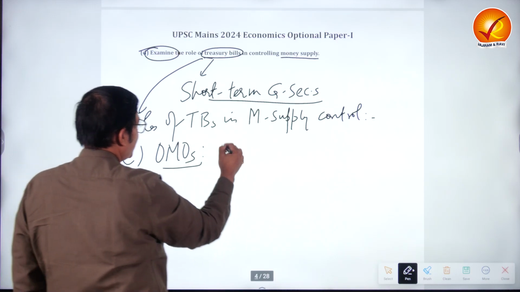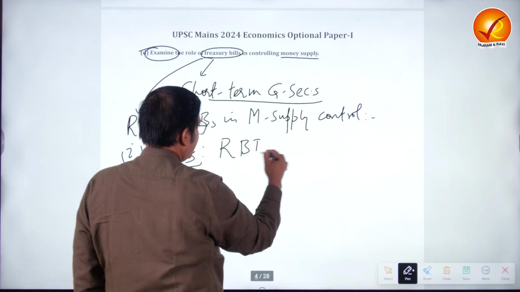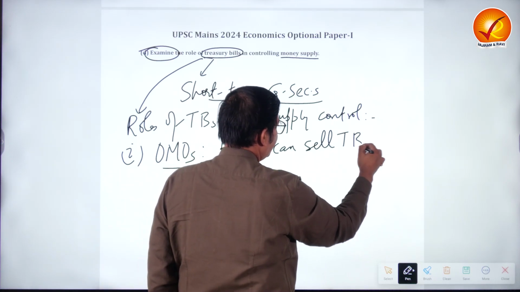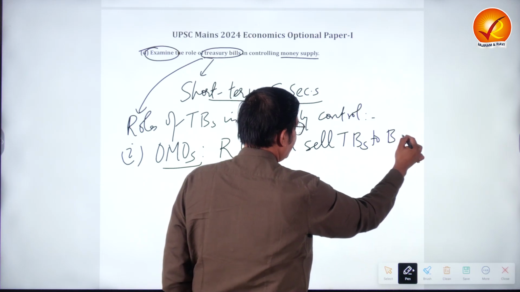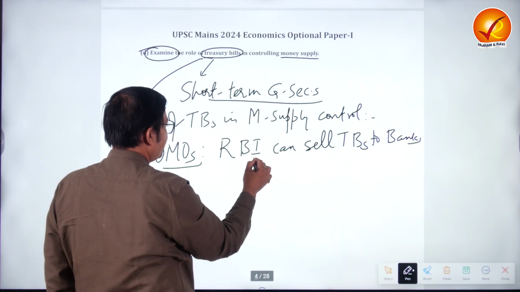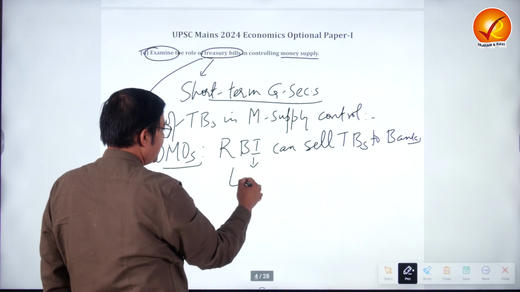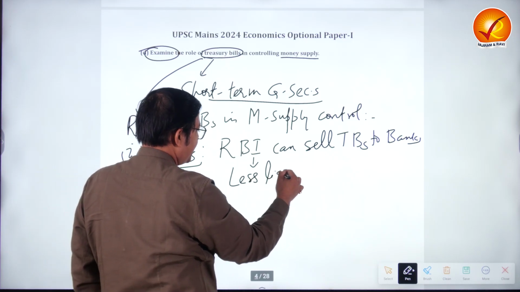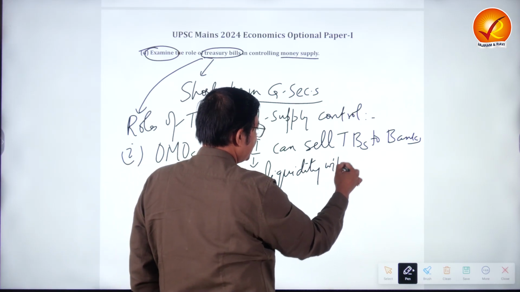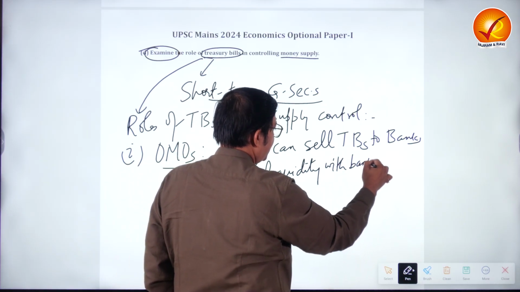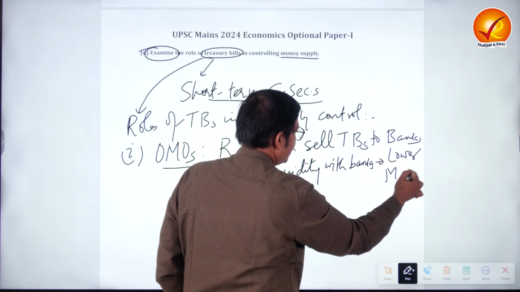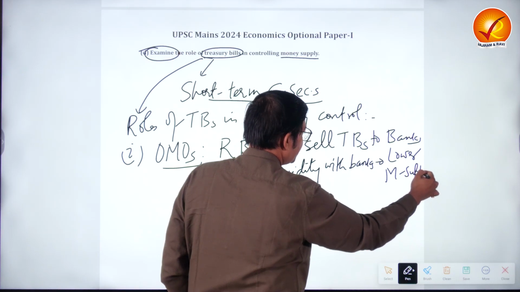In open market operations, RBI can sell treasury bills to the commercial banks. When RBI sells these to the banks, it will lead to less liquidity with banks, hence lower money supply. You can write it in more detail, I'm sure.